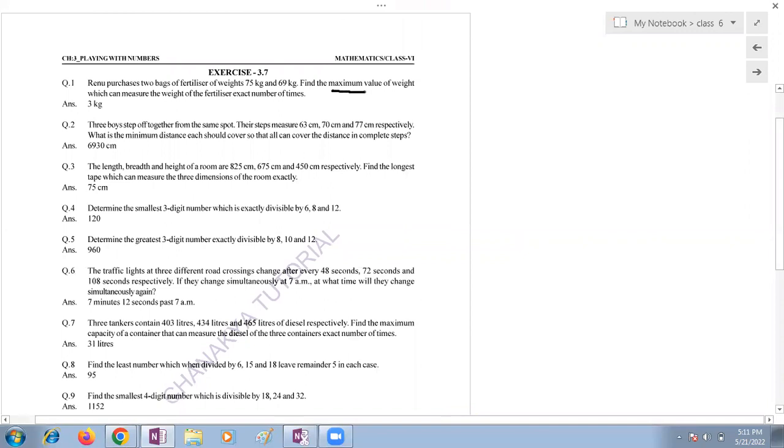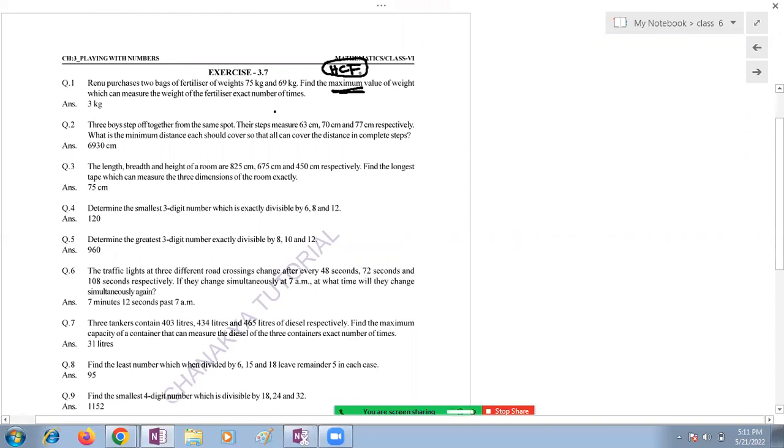Maximum means what, children? Children, please carefully observe. Why am I giving this keyword here? Because when you are given this type of question, you may get confused whether you need to find LCM or HCF. So here, if you see the word maximum, you need to find the maximum.